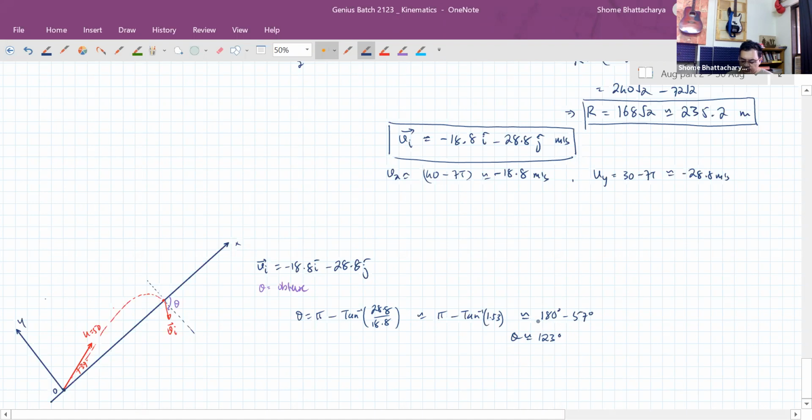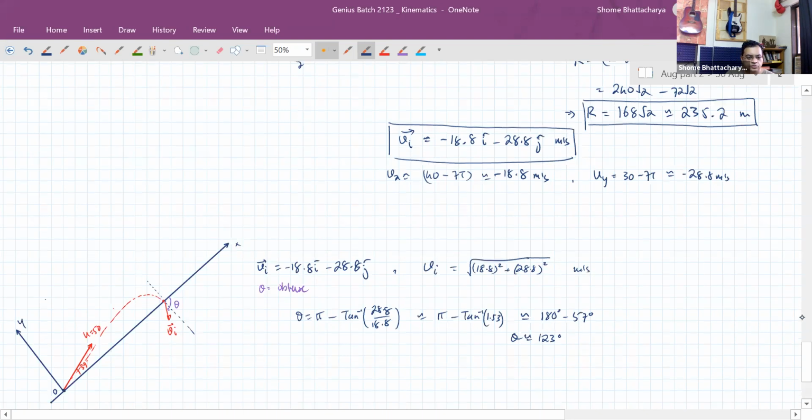And as far as the speed of impact is concerned, we just need to calculate the magnitude of this. What else did we need to calculate?